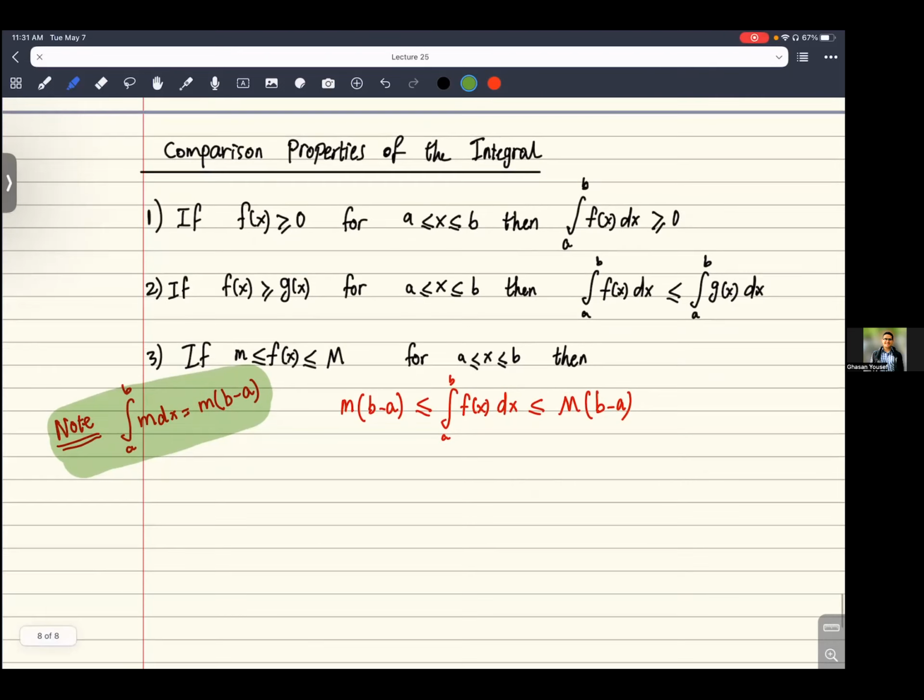So I'm going to give you a quick example for the third property. The question asks, use the property above to estimate the integral from 0 to 1 of the function e to the minus x squared dx.